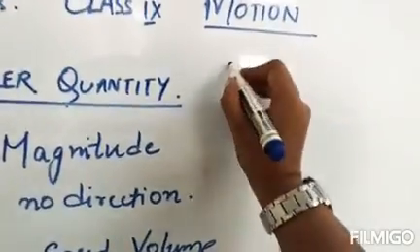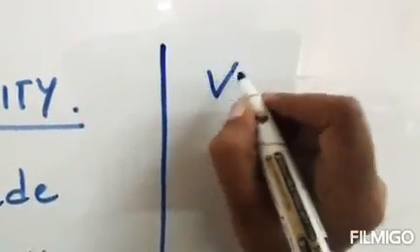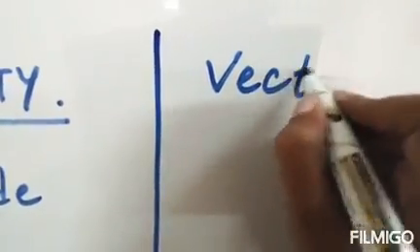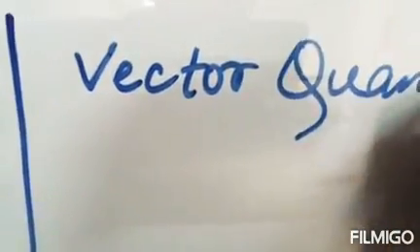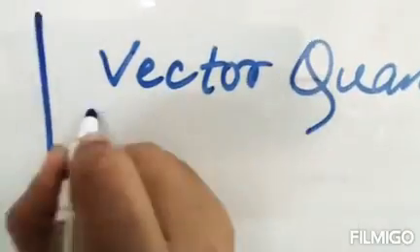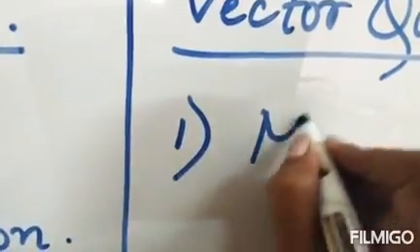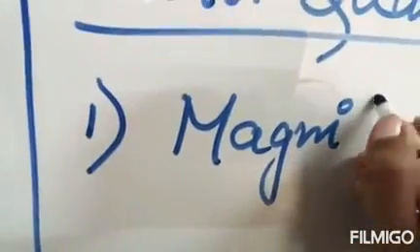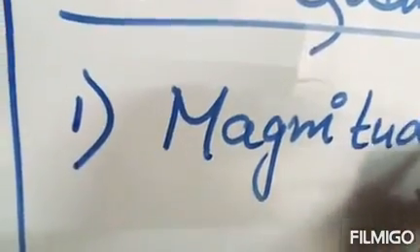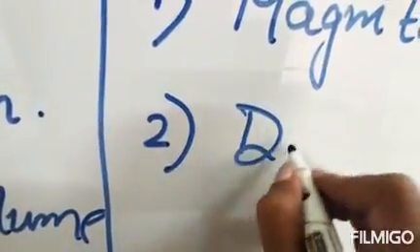On the other hand, if I am speaking about vector quantity, how will I define that? It will have, of course, magnitude and it will have a direction.